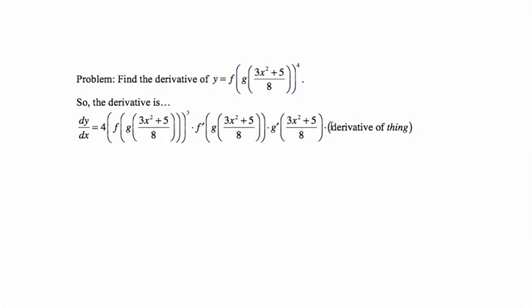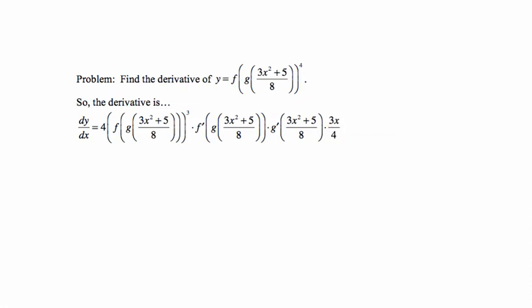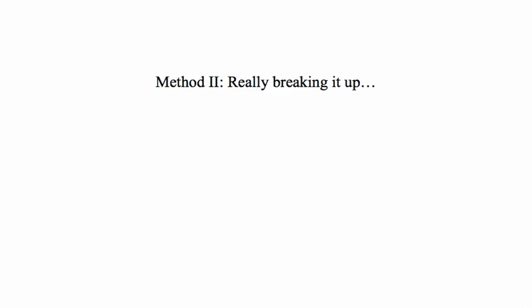The derivative of g of all this stuff is g prime of all this stuff times, in parentheses again, the derivative of all this stuff, so the derivative of this. So finally, I will end up with all of this stuff, so I've been chaining it all along, and then times 3x over 4. Really, you get 6x over 8, but you simplify that. So that's how I'll find the derivative.